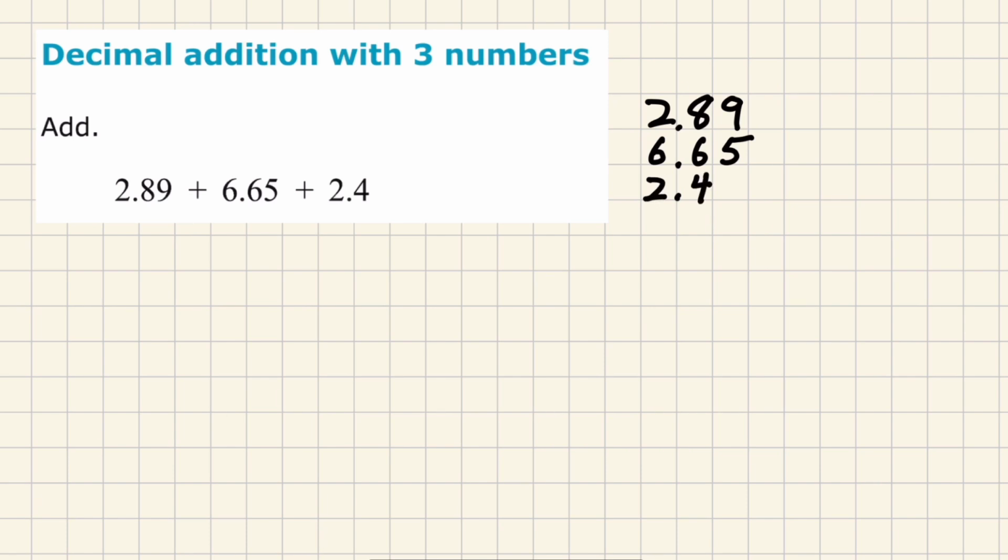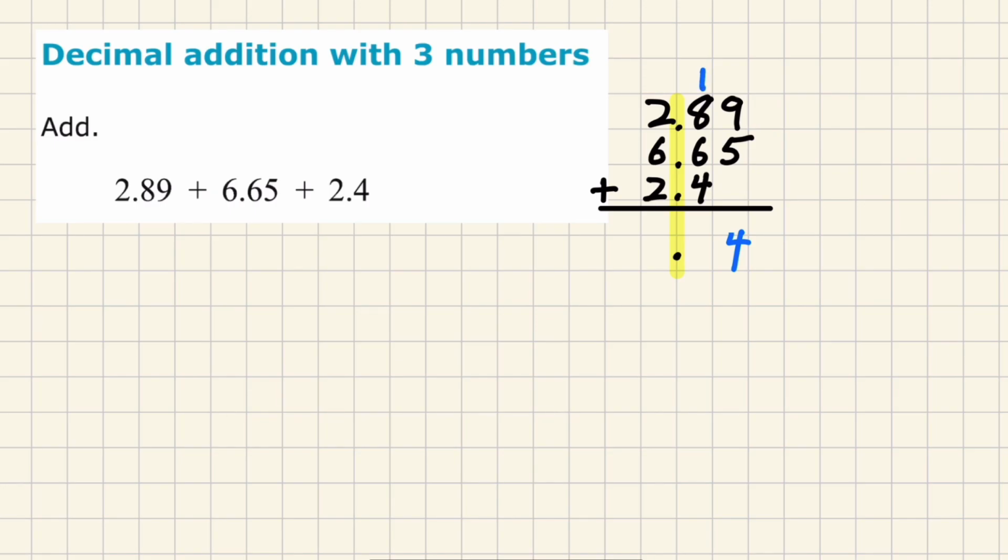With these decimals nicely aligned, we can now add, just as we would any other numbers, and our decimal will be in that same place. Starting from the right, 9 plus 5 would be 14, so the 4 would be in this place value, and we would carry the 1.